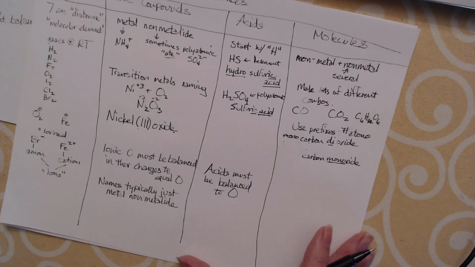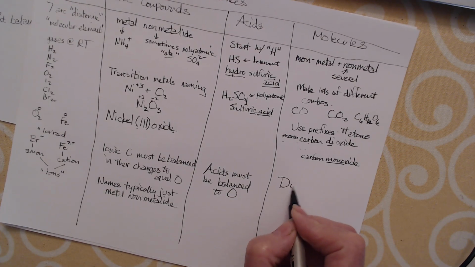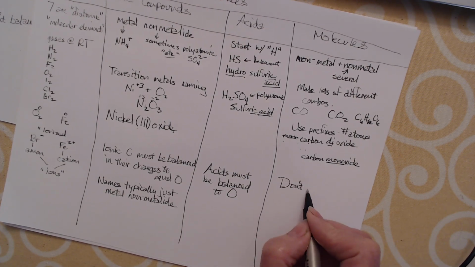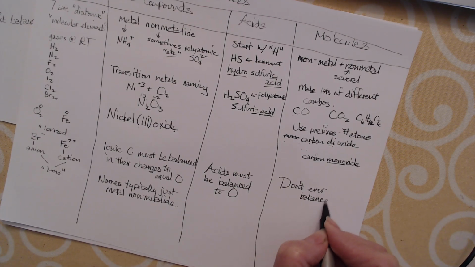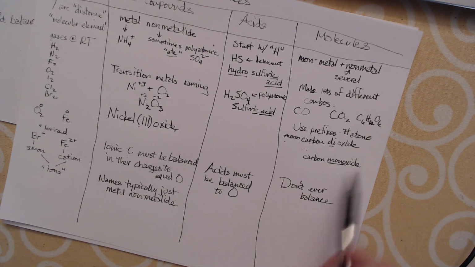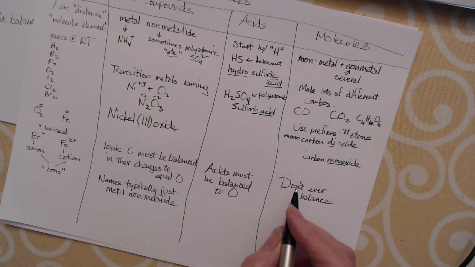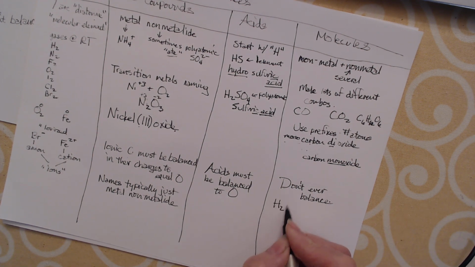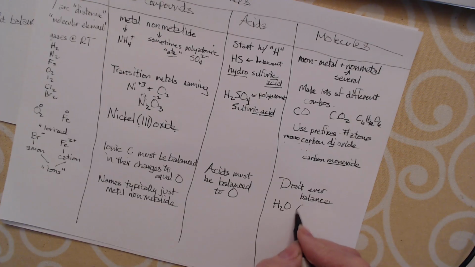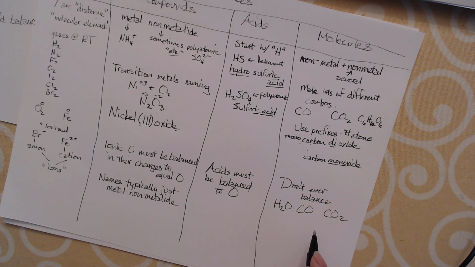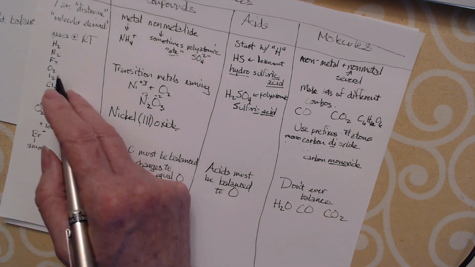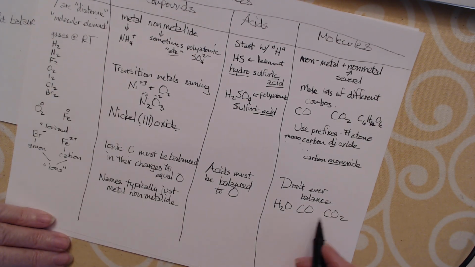All right? And then the other thing to keep in mind, we don't ever need to balance these. All right? So molecules, we do not balance, right? What molecules do you need to know off the top of your head? Well, you certainly need to know H2O, right? You need to know CO, you need to know CO2, all right? And then you need to know the diatomics, right? That we've already listed over here in our elements.